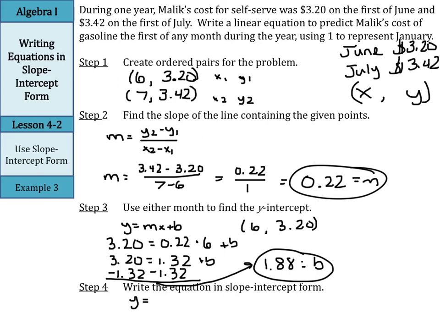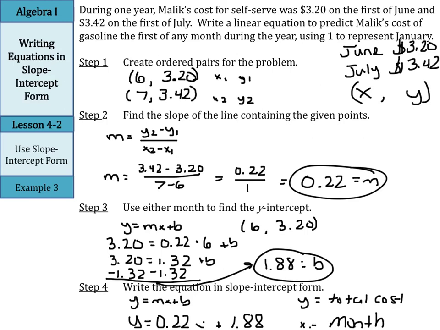So if I start off with y equals mx plus b, y is going to equal my slope of 0.22 times x plus my y-intercept of 1.88. Now remember, our x's were our months. Our y's were our cost. So the y is going to be the total cost of the gas, whereas the x is going to be for each month.